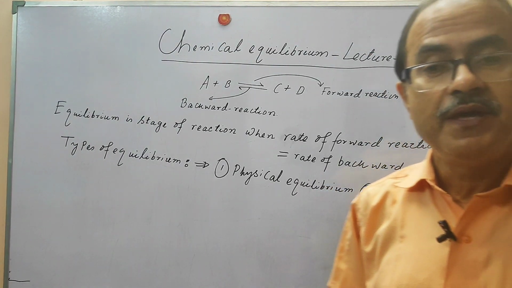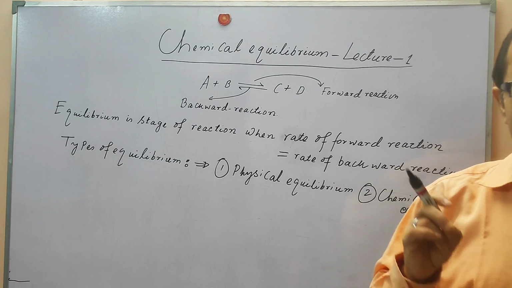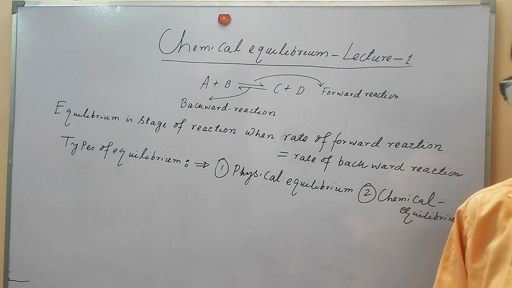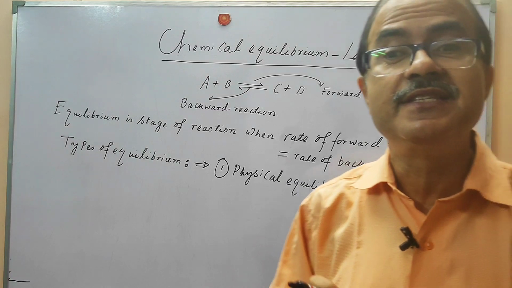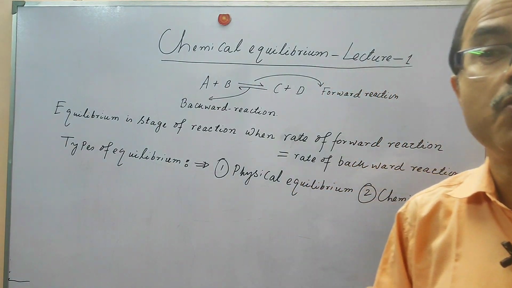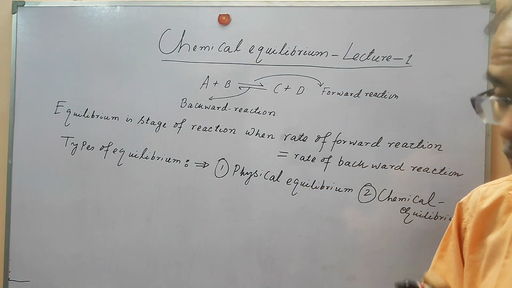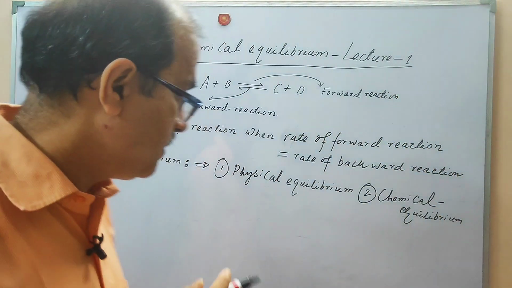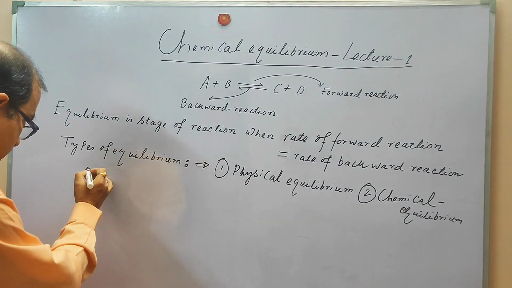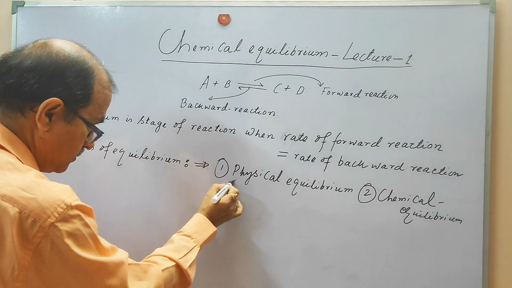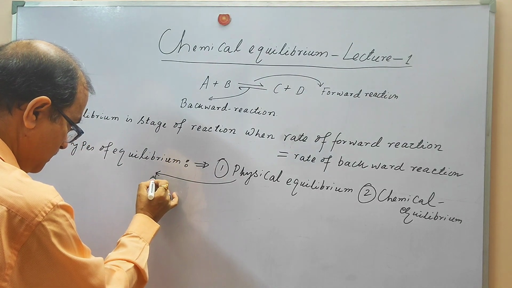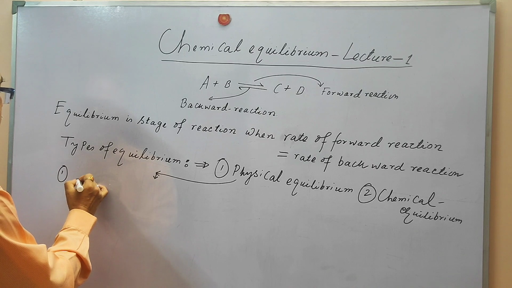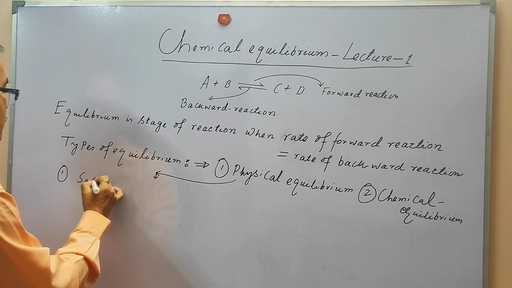Physical equilibrium is applicable to those physical processes in which a change of physical state of matter is observed. As an example of physical equilibrium, we have given some examples here. The first one we are discussing now is solid to liquid.